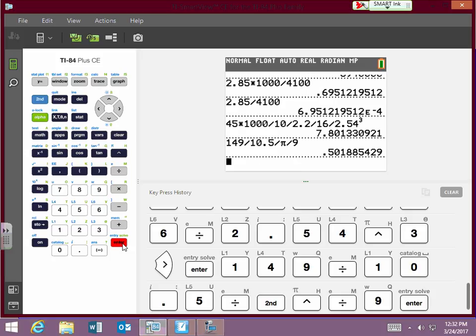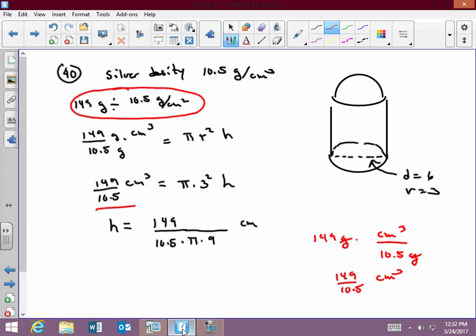So if the water in the glass rose 0.5 centimeters, then we can conclude it's silver, right? If the object is silver.